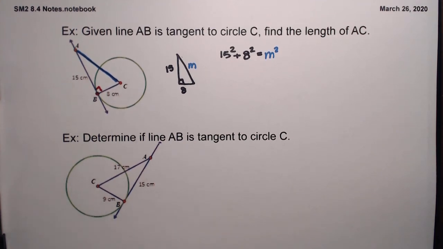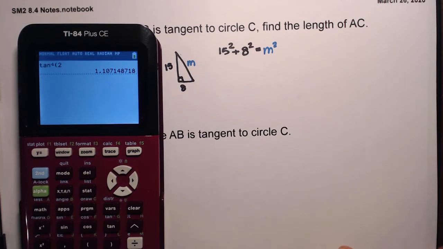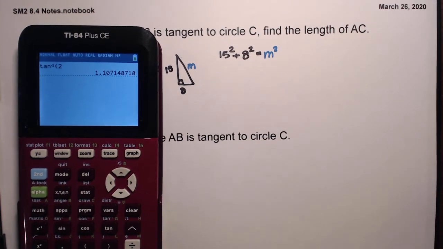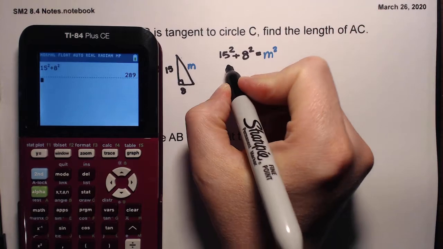Okay, well, when I work through this, I'm going to go ahead and get my calculator. See if you can see that. So 15 squared plus 8 squared is 289.